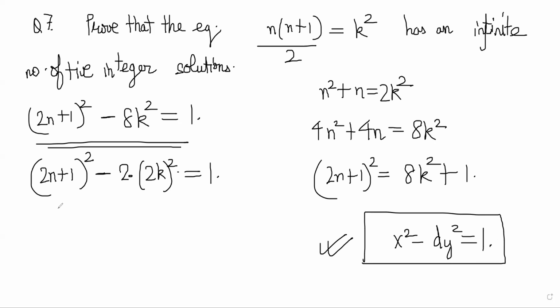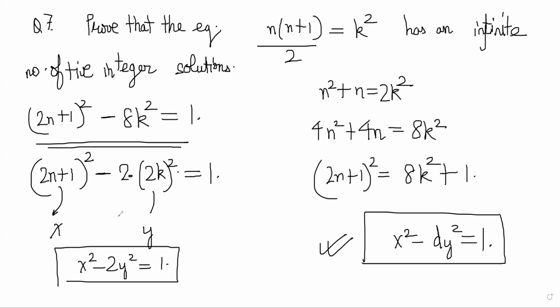So here we are getting x is this, y is this, and you are getting the equation x square minus 2y square is equal to 1. X is 2n plus 1 and y is 2k, right? So this equation x square minus 2y square equal to 1 has an infinite number of solutions because it is in the form of Pell's equation, right?